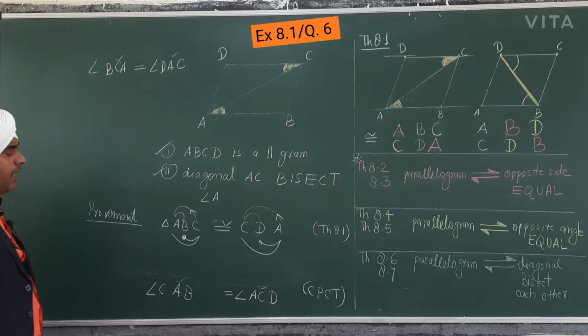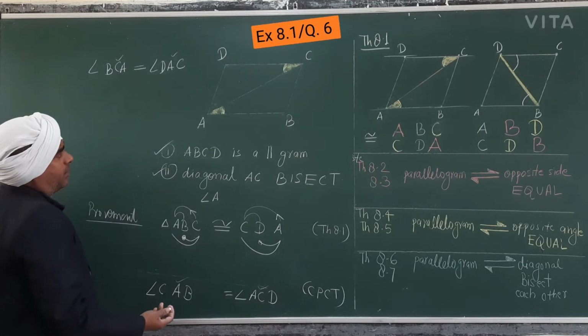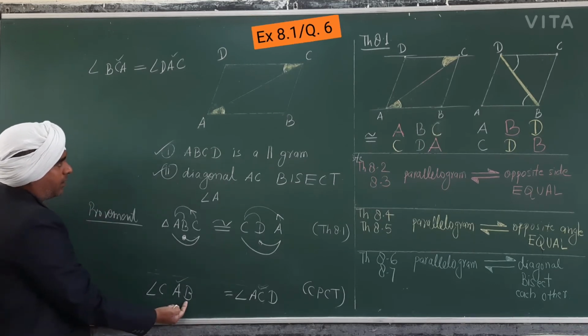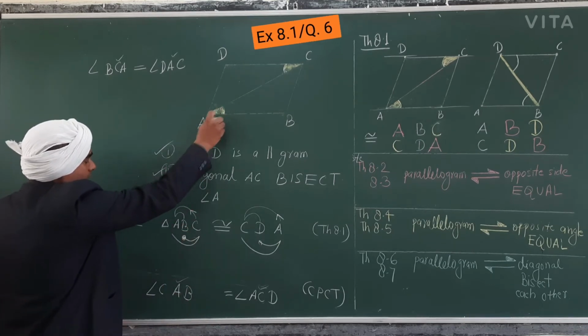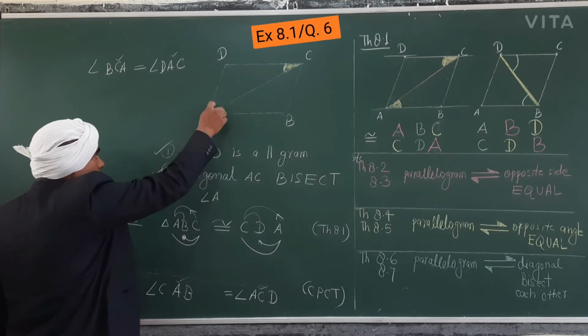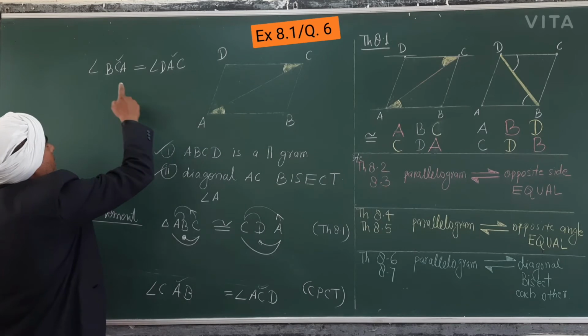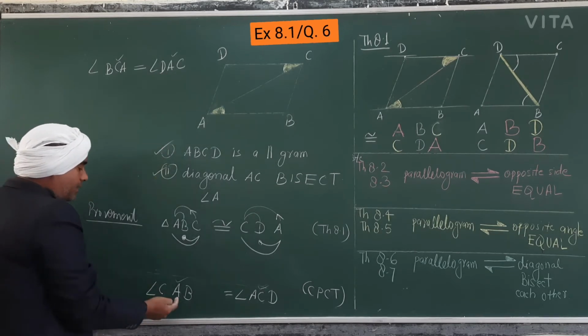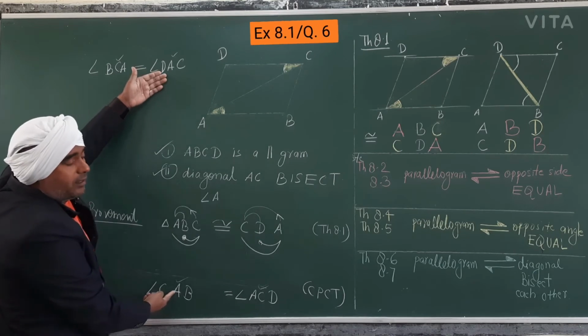Where is it? This angle, CAB equal to, this is what? A means here, DAC. It is given this equal to this.